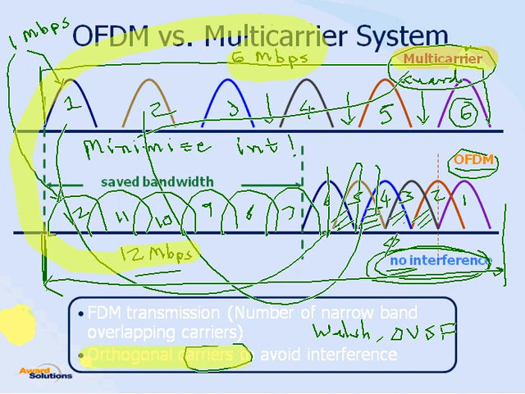What about Shannon capacity? Well, as you know, we can keep coming up with better and better modulation schemes, the higher order modulation. We can keep using advanced antenna techniques, right? So that will give us very high performance.